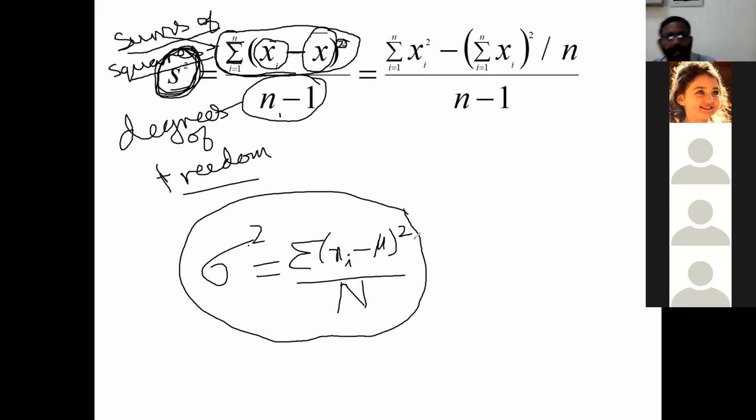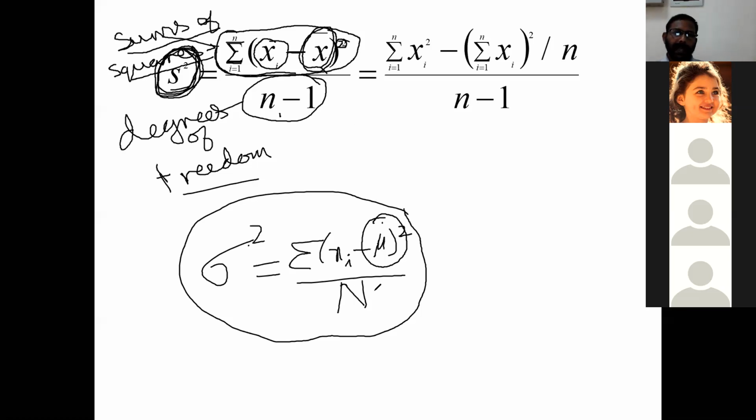What is the difference here? Two differences are there. Here we are talking about the population mean, while in this case it is the sample mean. So that is the first difference.